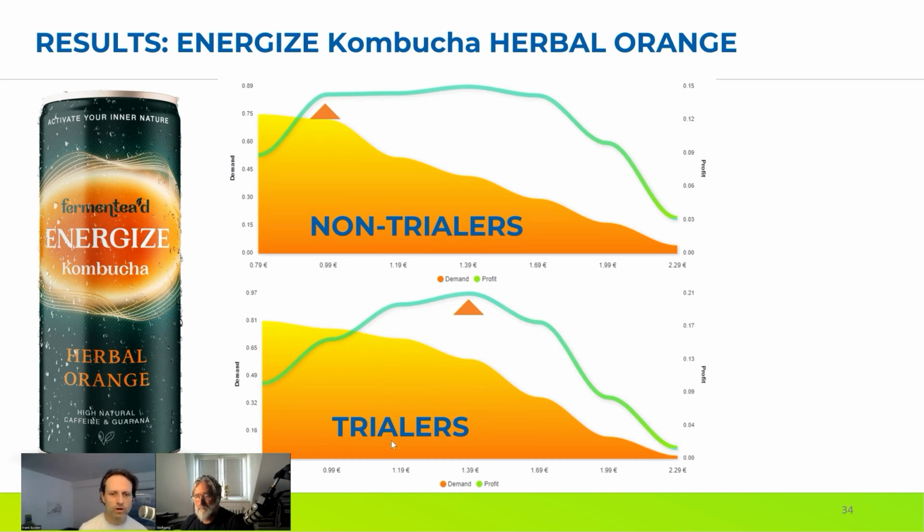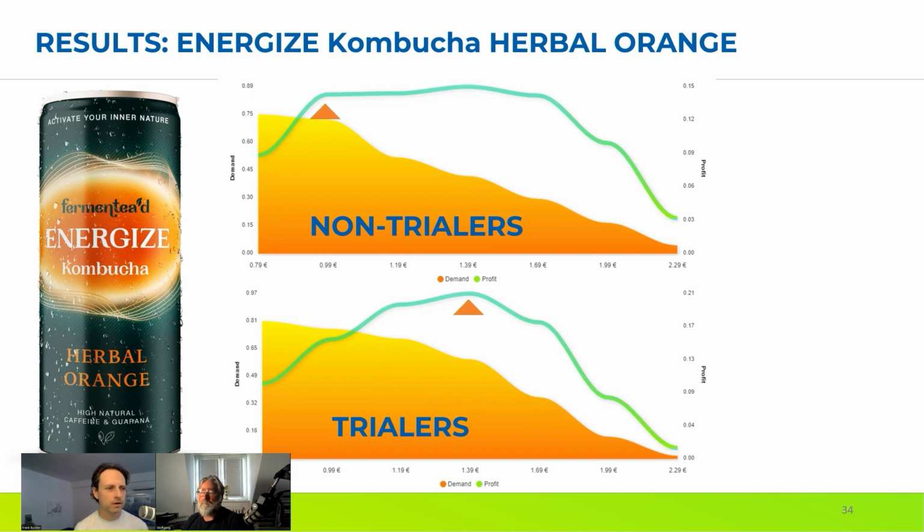But for all who tried it, the optimal price is 139. So you could go in the market for 99 cents, but on each customer, you lose a lot of money.